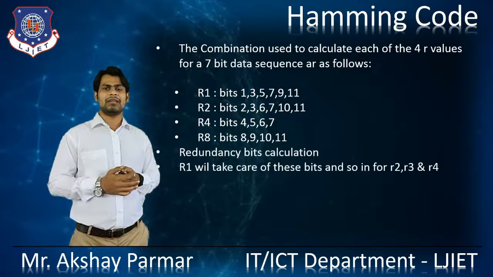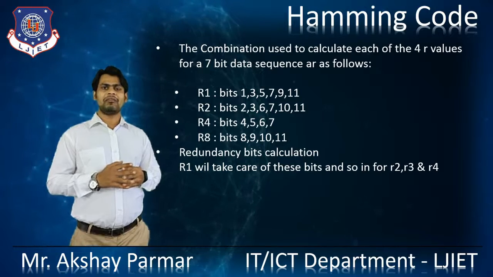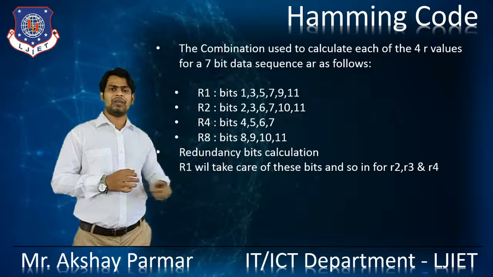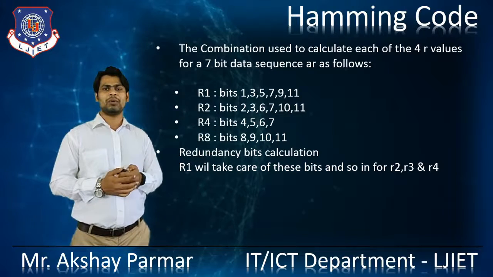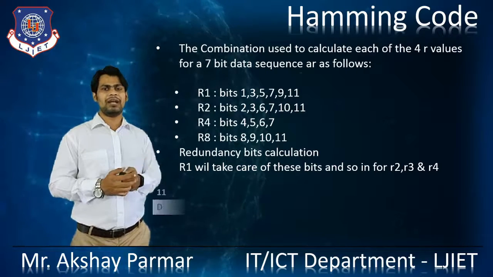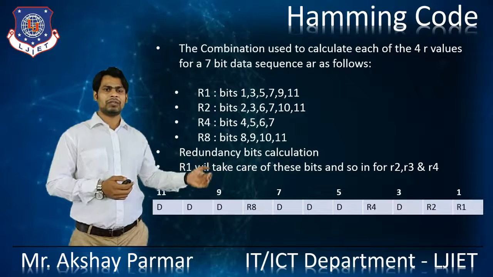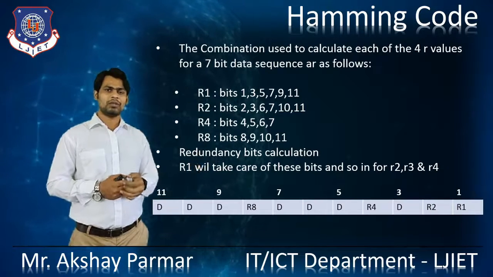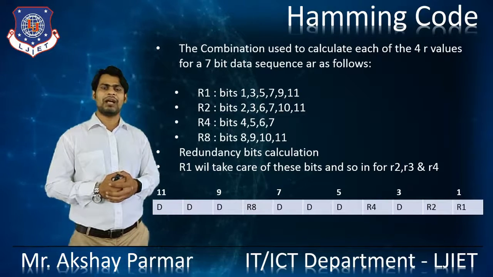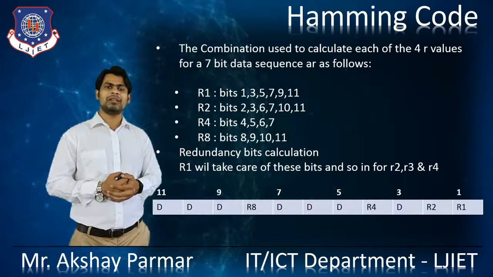So that's how we are selecting the value. The redundancy bit calculation, R1 will take care of these bits, and so on for R2, R4 and R8. This is the sequence: R1 at the first position, R2 at the second position, at the third position we put a data bit, at the fourth position we put the redundant bit R4, at positions 5, 6, 7 we put the data bits.